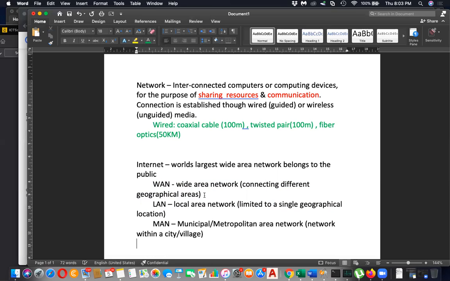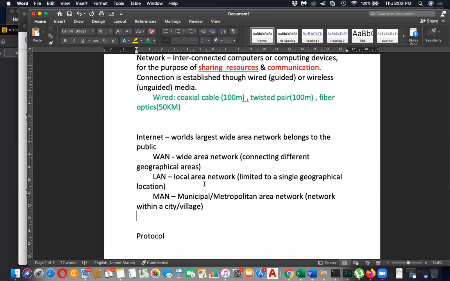Geographically, you cannot say it is a single area, but it is not a different area either. For example, in Colombo City there are Colombo 1, Colombo 2, Colombo 3, different regions. But when you take it as a city, it's Colombo City. So you can form a city network in Colombo City, which is called a Metropolitan Area Network.